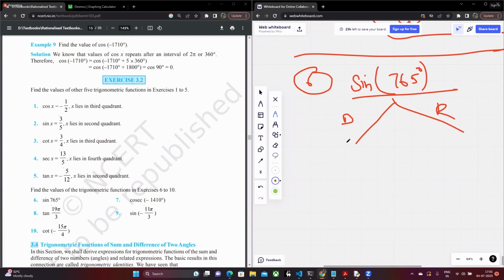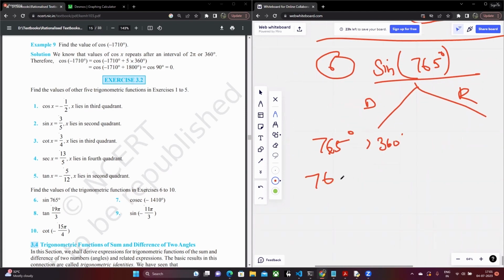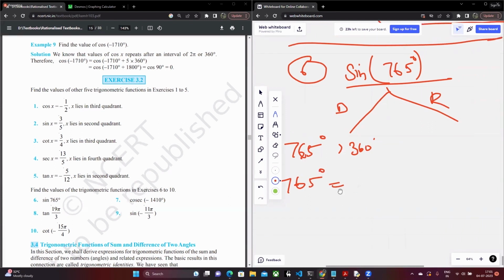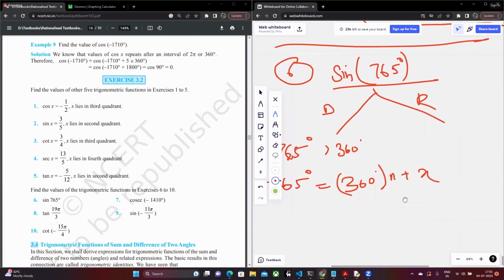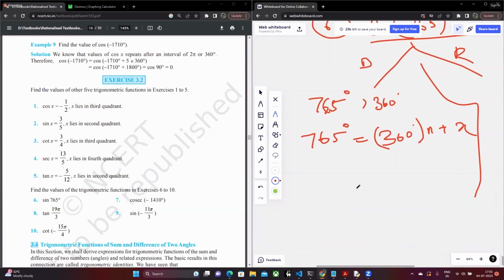That's it. Right. So if we're going to keep it in degrees, first know that 765 is greater than 360. Right. That means that you can separate 765 as 360 times n plus x. Right. You can write this in this form. Right. Just if you see it, this is going to be 720 plus 45 degrees.